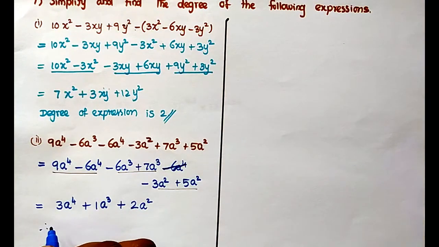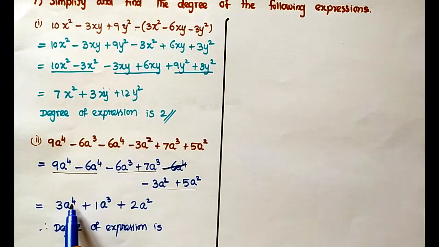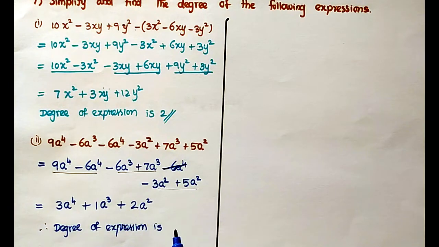Now we want to find out the degree of expression. Listen, the powers 4, 3, 2. Which one is the highest one? 4. So that is the degree of expression. That is the answer.